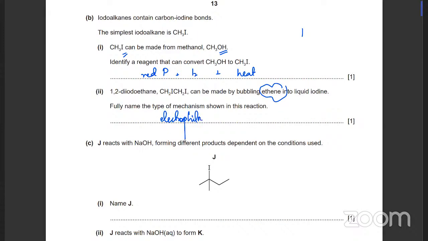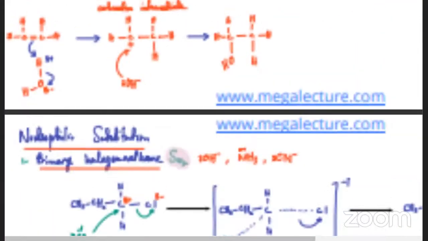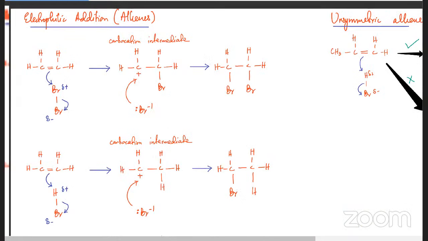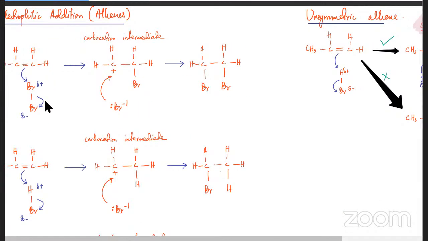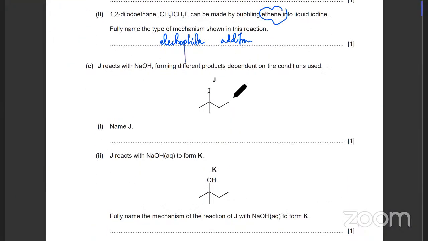It's going to be the same as bromination, electrophilic addition. You've got an alkene, and bromine is going to react with it, and in this case iodine is reacting with it, so it's going to be the same mechanism, electrophilic addition. What is the name of this compound?